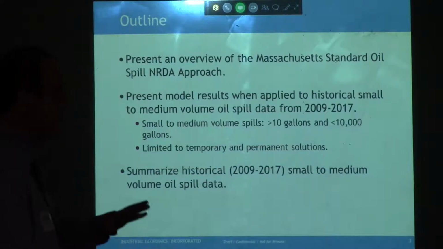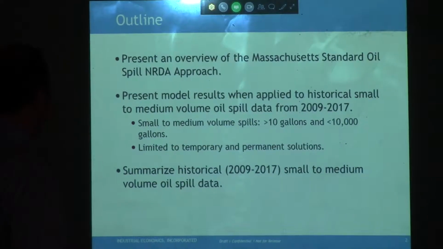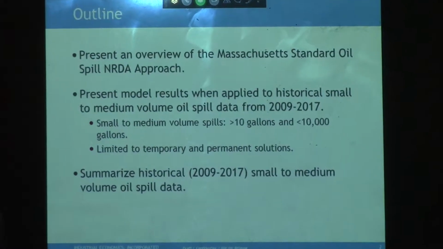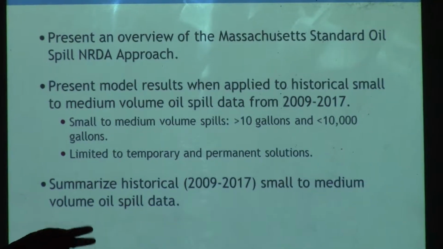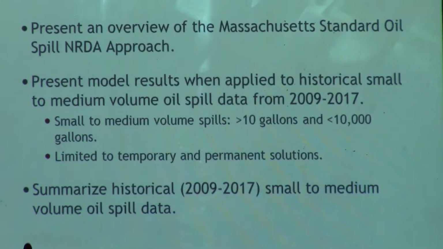So I'm going to start with a little bit of an overview of the standard oil spill approach that we've developed. And as Paul had mentioned, this is supposed to be a dialogue here, so I'm definitely interested in any information that you have that I may not have considered here, or any suggestions you may have in developing this approach. I'll present the model results when applied to the historical spills, those 517 spills that Karen had mentioned.